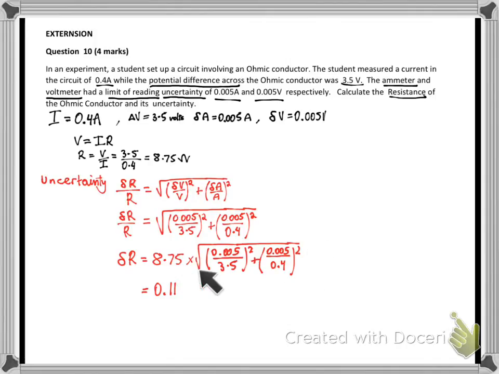And put all that in a calculator, you should be getting 0.11. So therefore, our resistance and its uncertainty is 8.75 plus or minus 0.11 ohms. What do you think of that? Well, we did it. All the best for your test very soon.